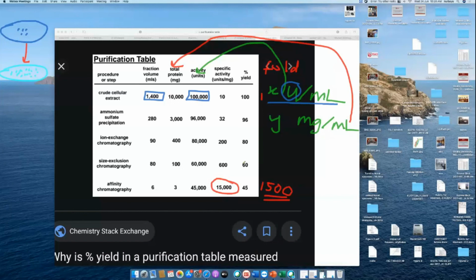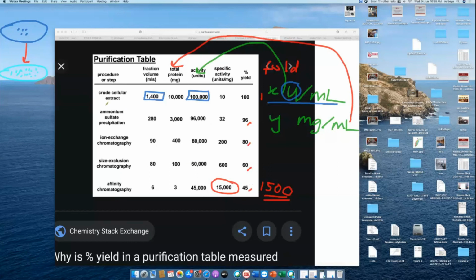As you increase the steps in purification, you have introduced a few steps, that means the loss is also high, and by the end of the day, you have a lower yield.